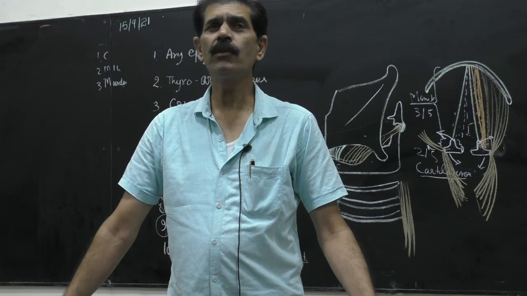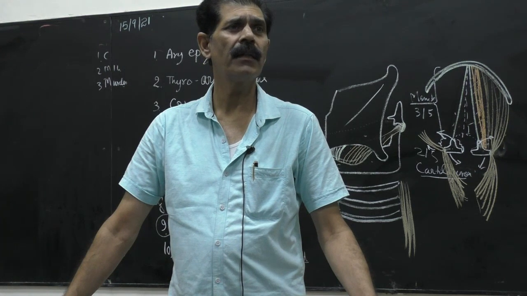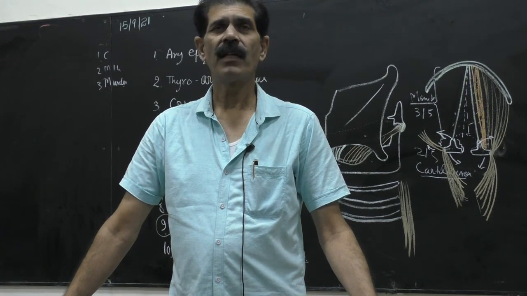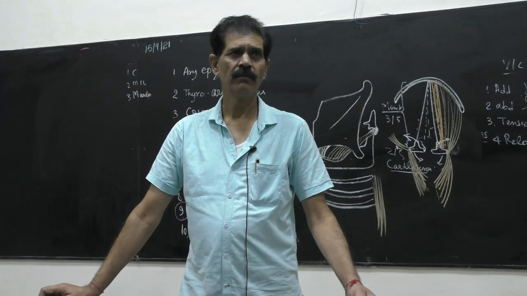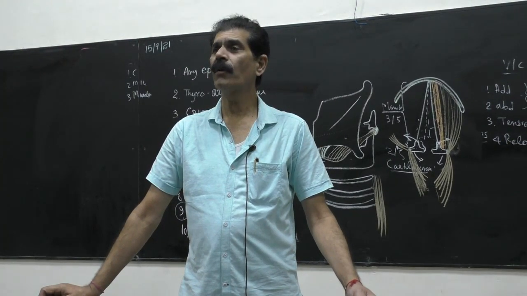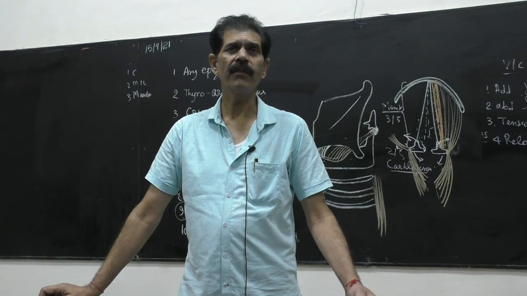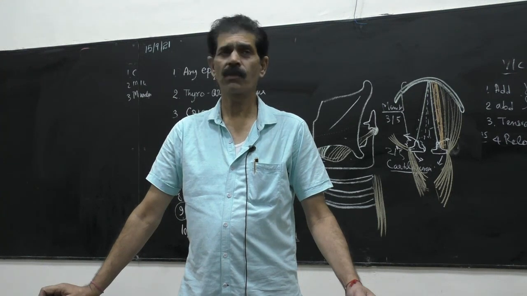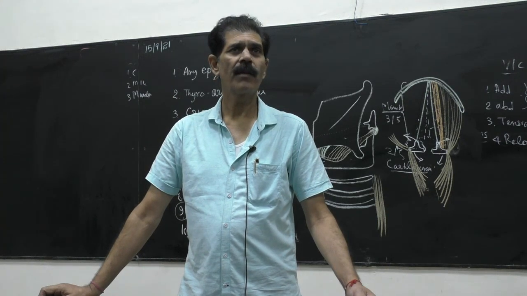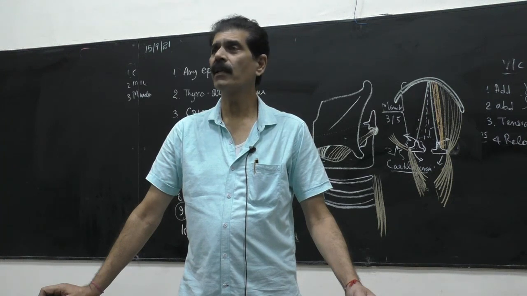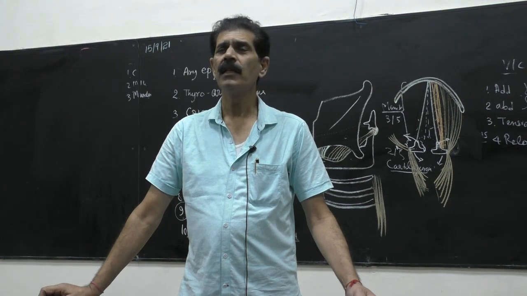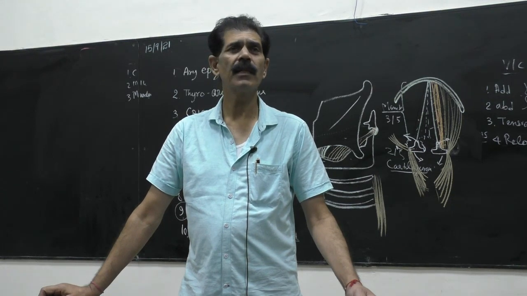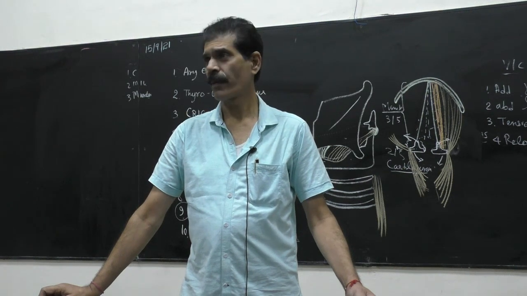Dual nerve supply means two nerves supply it. One is the internal laryngeal nerve, the other is the recurrent laryngeal nerve. So it enjoys two motor nerves. You have to remember that. If anybody asks you the specialty of the transverse arytenoideus, and the other specialty, the safety muscle, that is the posterior cricoarytenoideus, you have to remember.